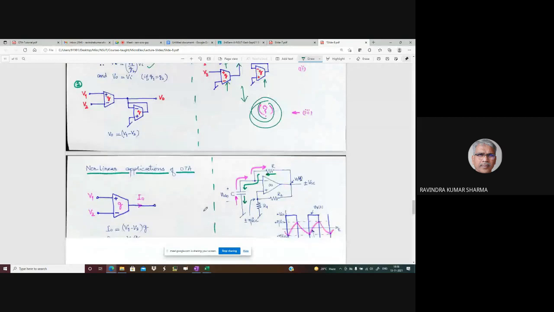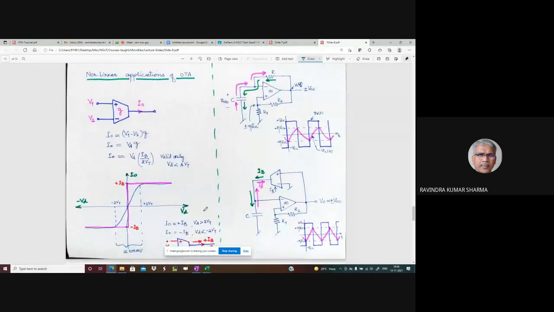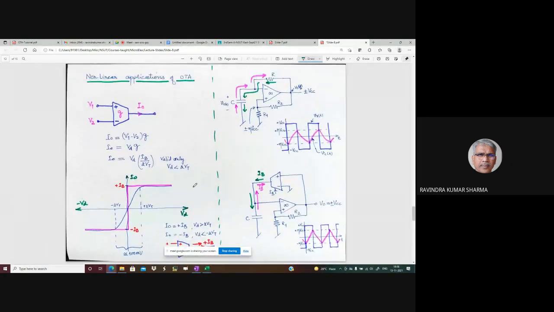So that's the... okay. Now when it comes to the nonlinear application, we have already studied nonlinear application of op-amp.